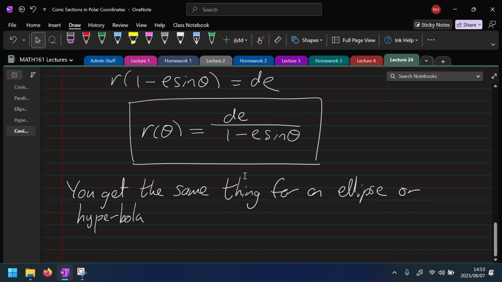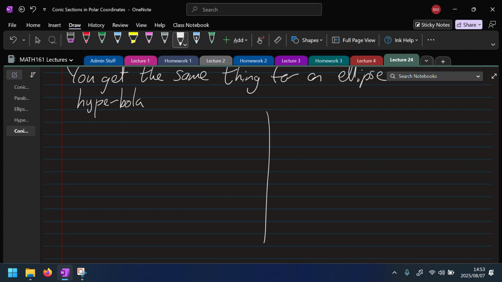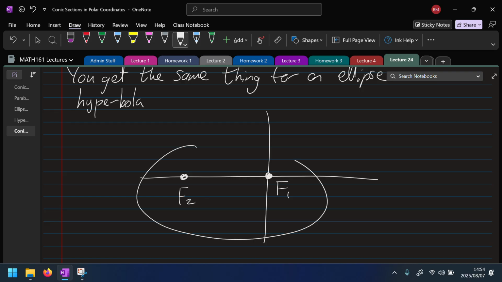So for homework, you're going to do it for an ellipse. I'll show you the setup and then you can do the rest. So we're going to have one of the focal points at the origin, so say F1, and then the other one we'll have somewhere else. So we've got our ellipse shifted over to the left so that the focal point is at the origin.